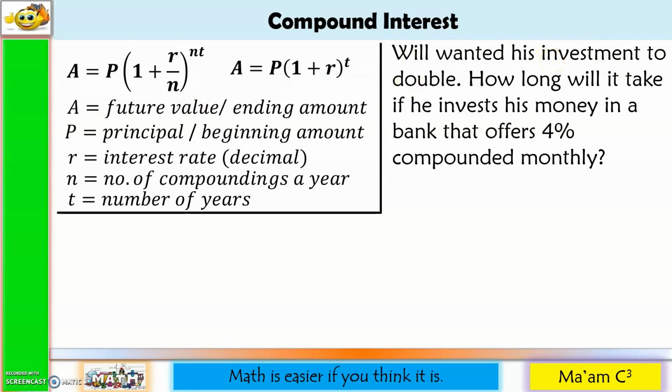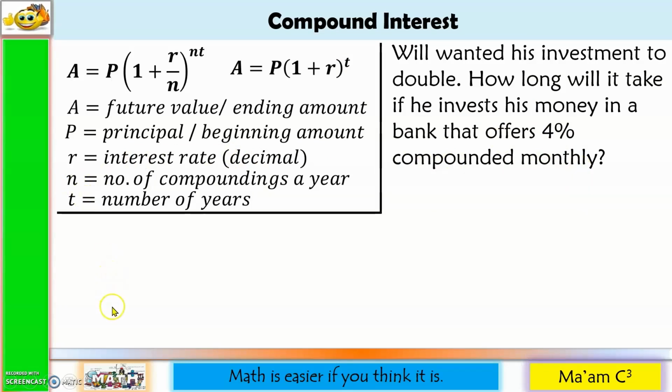Since the investment is not given, we're still going to make use of letter P. And then how long? So we are asked to solve for the T. And then 4%, that is 0.04 in decimal, that is the interest rate. Compounded monthly, so it means our N is equal to 12.